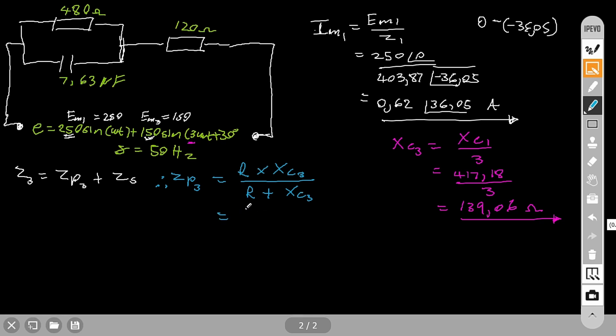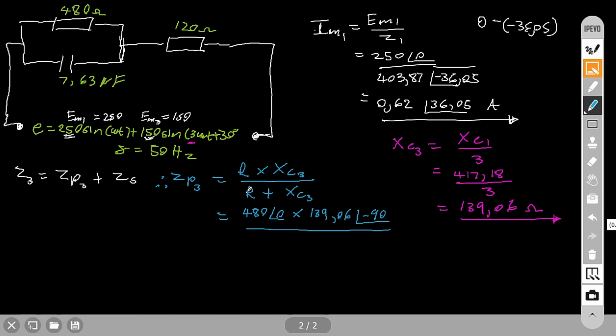In polar form R is 480 into 0 times 139.06. This is a capacitor, guys, so it's negative 90. If it's an inductor, it's going to be 90. Now, R plus the third harmonic reactance.